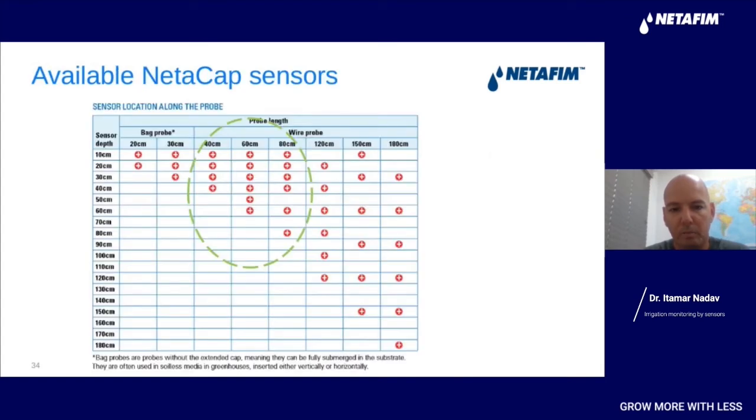So here in this table, you can see all the offerings that this sensor has, from 20 centimeters to 180 centimeters. But we usually, for open field and orchards, use between 40 and 80 centimeters. This is the vast majority of sensors that we use.